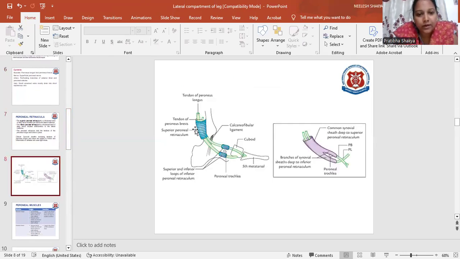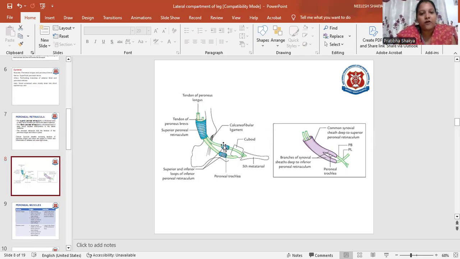Here this is superior peroneal retinaculum, and beneath this superior peroneal retinaculum, the tendon of the peroneus longus and tendon of the peroneus brevis pass. After that, below the superior peroneal retinaculum, there is the inferior peroneal retinaculum. There are two loops of the inferior peroneal retinaculum, superior loop and inferior loop.